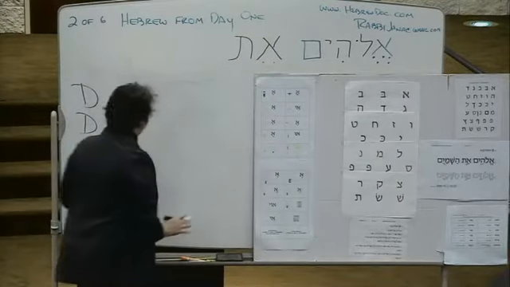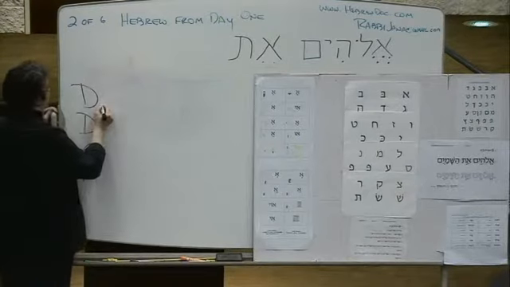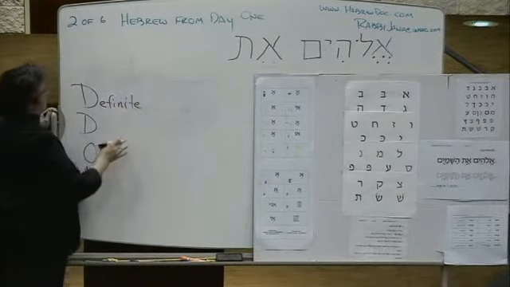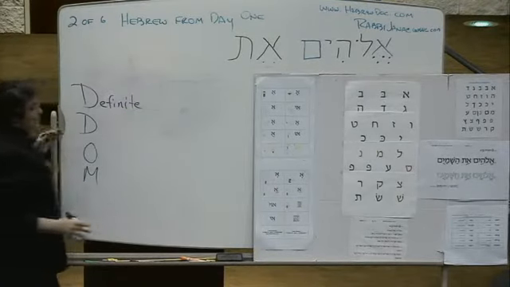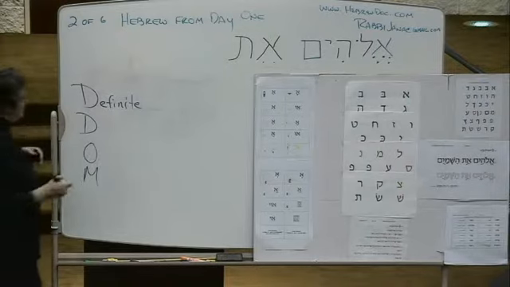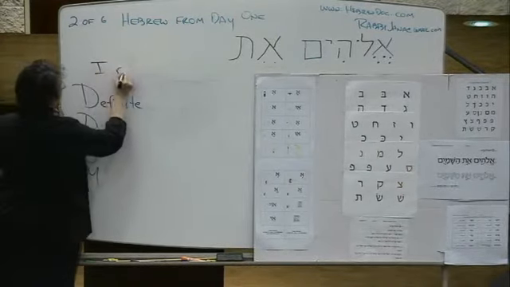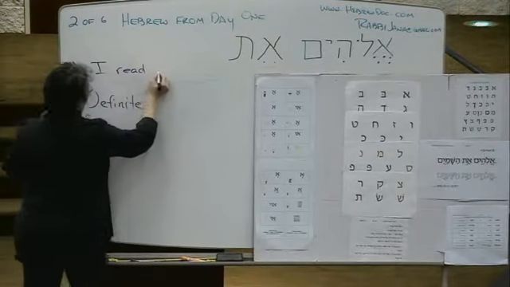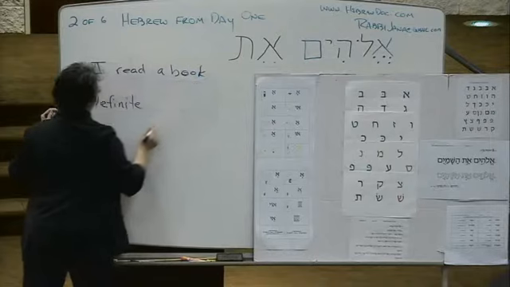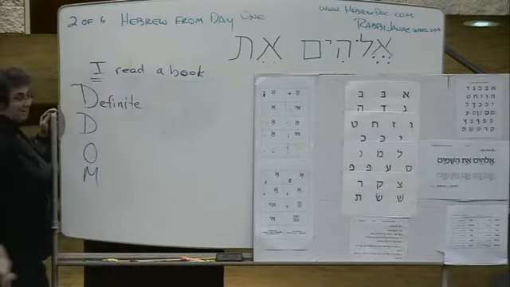what's being created. The DDOM, by the way, DDOM stands for definite, which is, it's going to say, what did God create? The something. That makes it definite. It doesn't mean specific, but it means definite. If I say, I read a book, I is the subject.